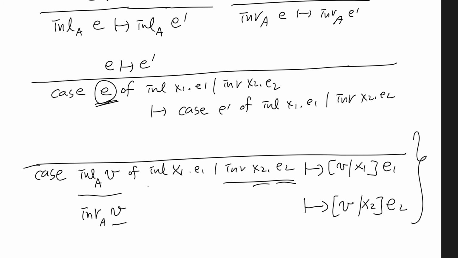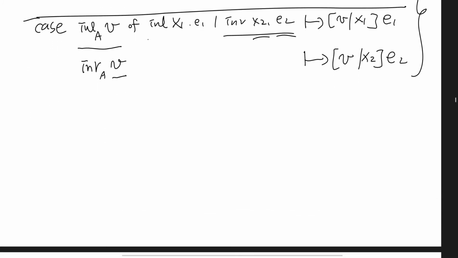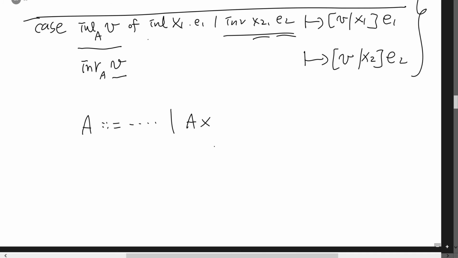So before we study the generalization of these sum types, let's see a simple application of this sum type. Previously, we introduced this product type, and as a special case of this generalized product type, we introduced the unit type.